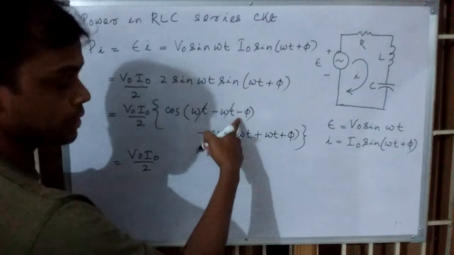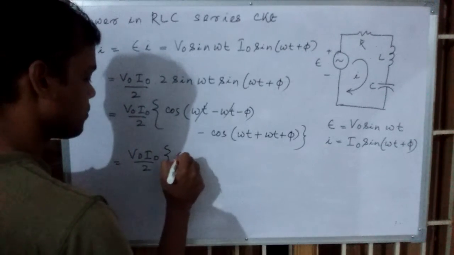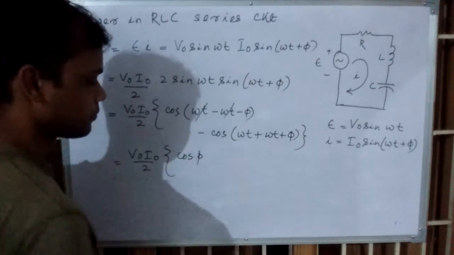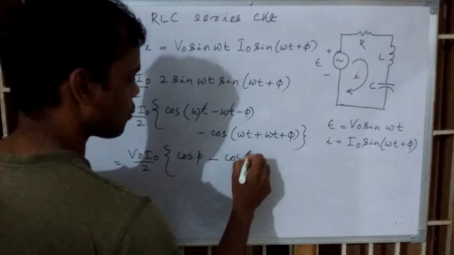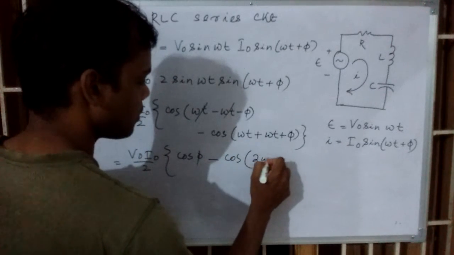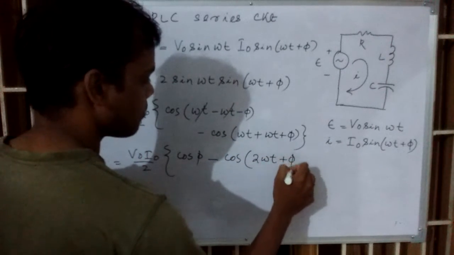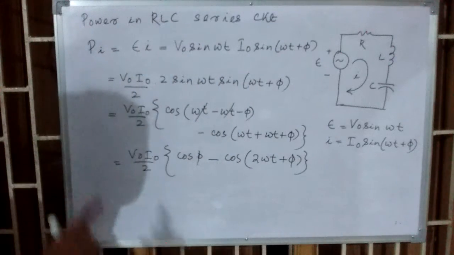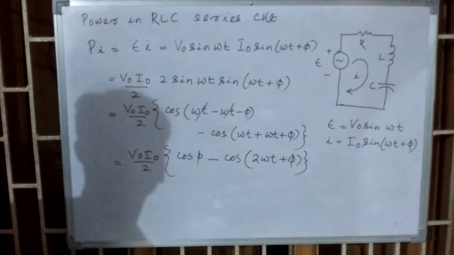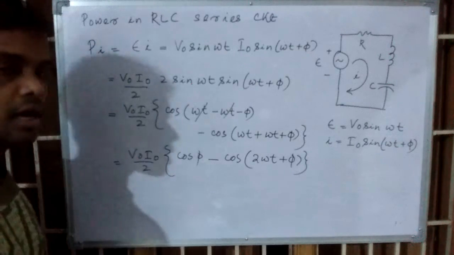Cos of minus phi, that is cos phi, then minus cos of 2 omega t plus phi. Now this is the instantaneous power, but we are interested in average power.